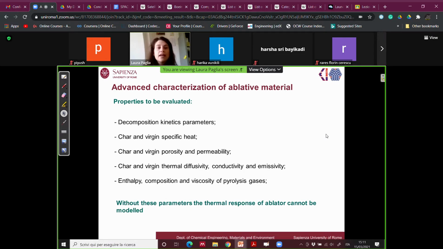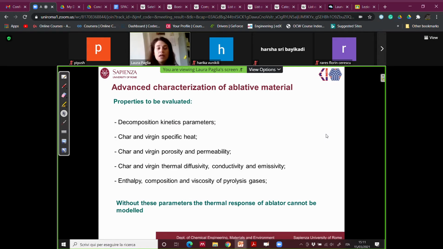And so we need to evaluate the specific heat of the virgin state of the material, so the material without pyrolysis, and also the specific heat of the charred state of the material when the pyrolysis has happened.